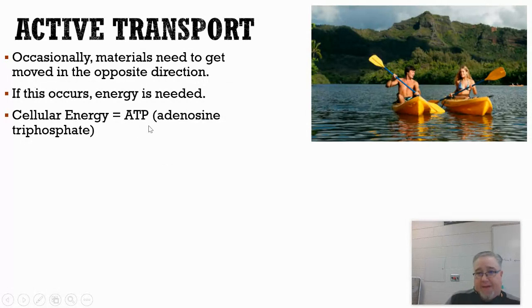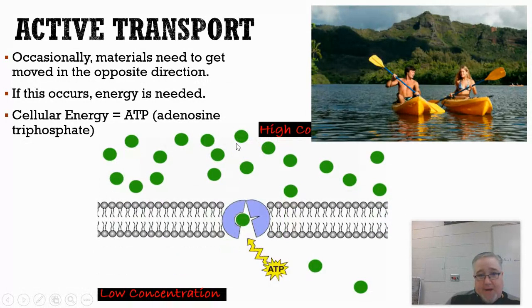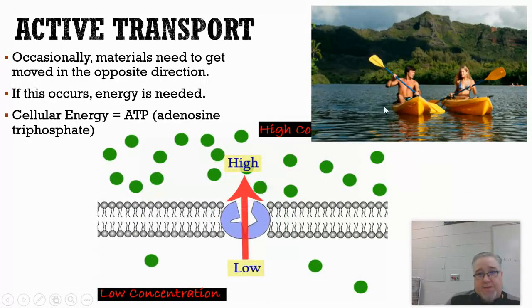But again, if things are going to move against the current, from low to high concentration, your cells have to utilize that energy. Here's a little animation that gives you an idea of what's happening. So again, here's our cell membrane, okay? Here's our channel.